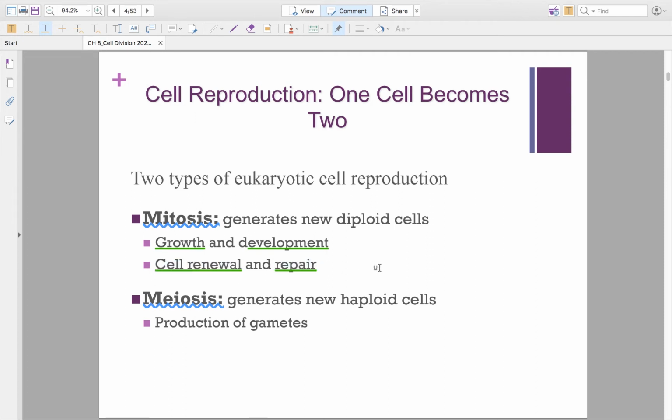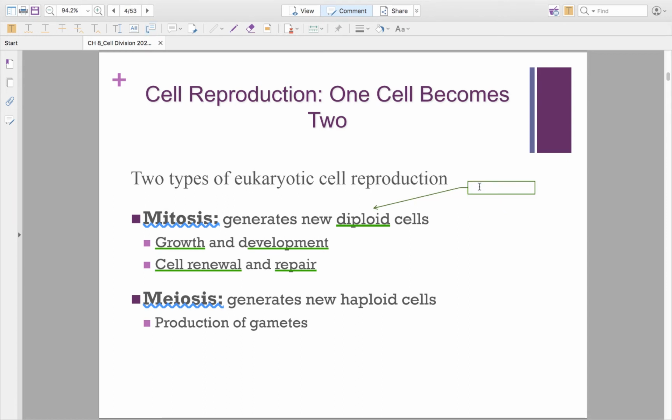So you have cells that divide every 24 hours, your skin cells. You have cells that get damaged and they need to be repaired. That's through mitosis. Now look at this term. This is important. It says mitosis generates new diploid cells. Remember diploid? Diploid, D-I, di.